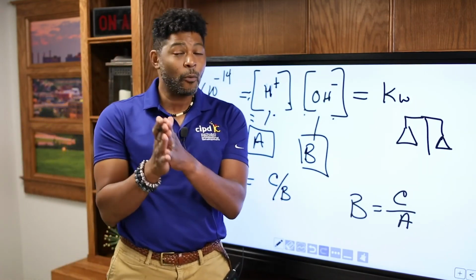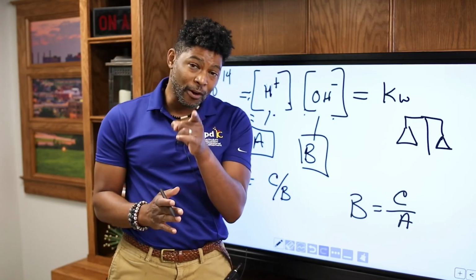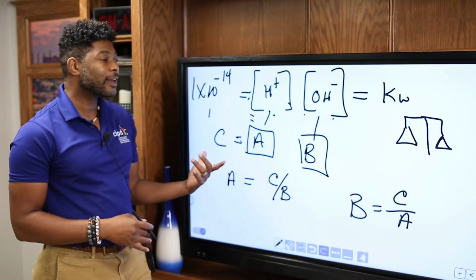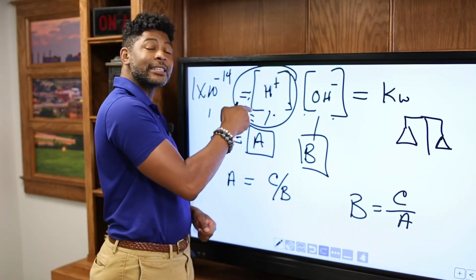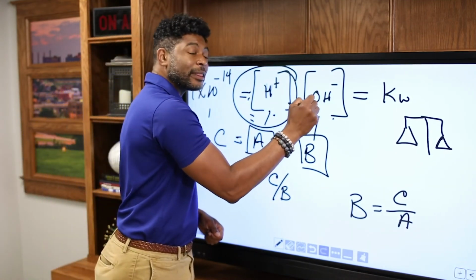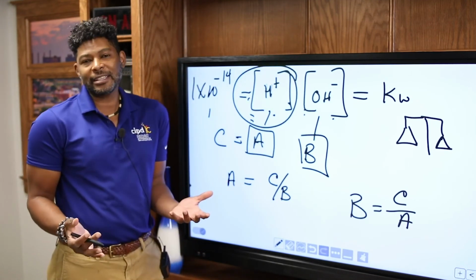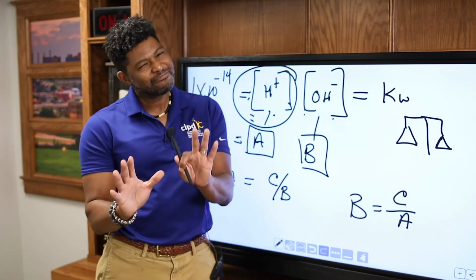That's one reason why water is so important, but that is also why when we start talking about concentrations, we can just focus on this side and get an idea of what this side is. That's why pH is important, but pOH, not so much.